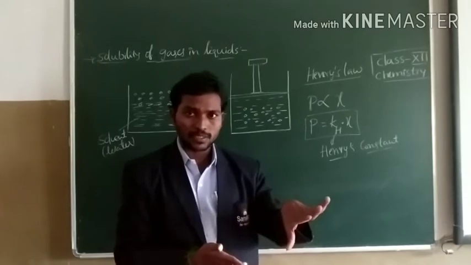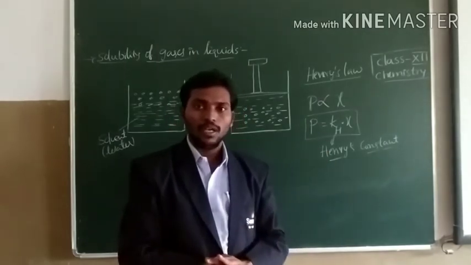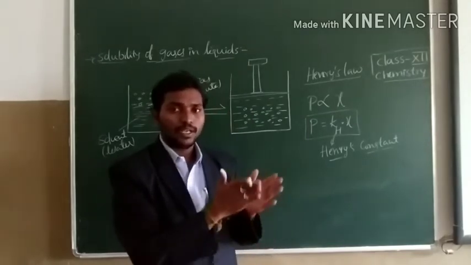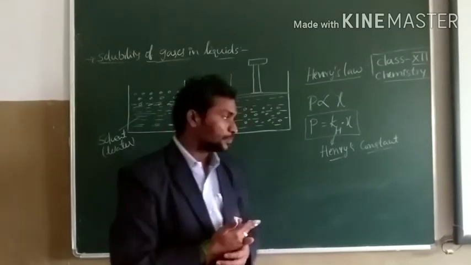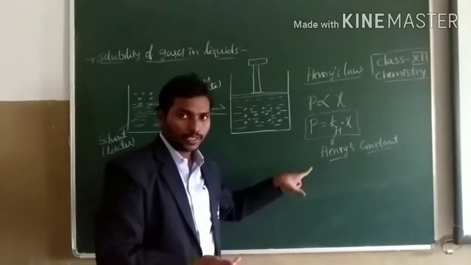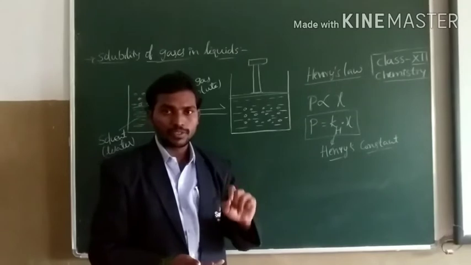So at the same temperature, different gases have different Henry's law constant values, and the same gas has different Henry's law constant values at different temperatures. And one more point, as the Kh value increases, the solubility of gas in a liquid solvent decreases.